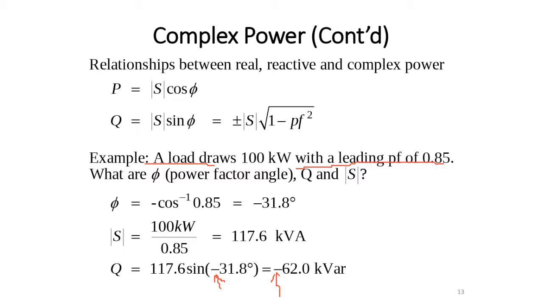So you want this to be negative, because the load is supposed to absorb. Supposed means it's positive. Okay, the load is absorbing power, but now it's absorbing negative 62 kilowatt. What does it mean? It means the load is producing 62 kilowatt. Again, here there is a load. The load is absorbing negative 62 kilowatt. In other words, it is producing 62 kilowatt.